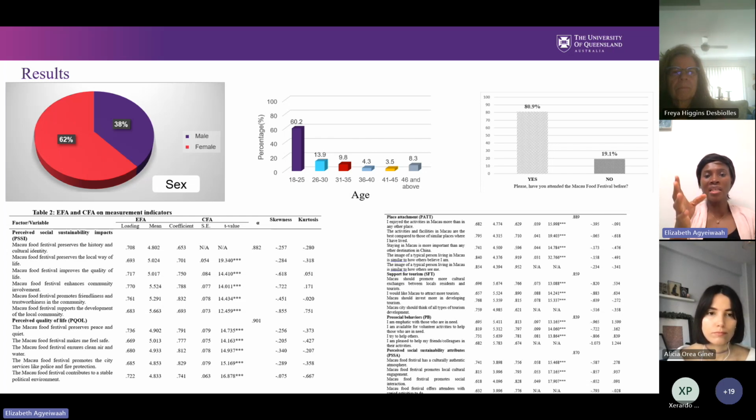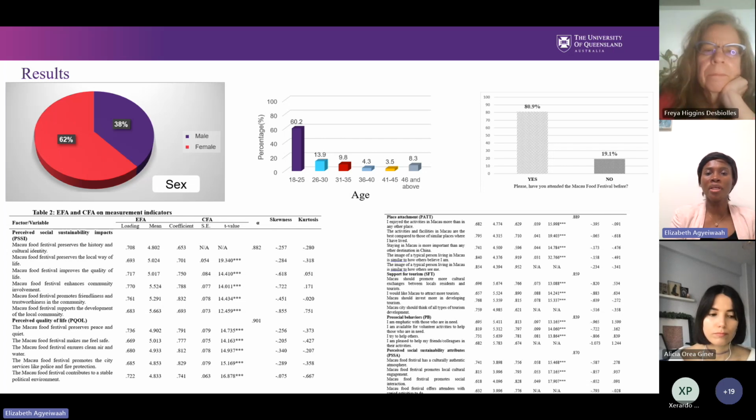But on the right-hand side are those who have attended the events and those who have not attended the event. So the predominant residents that we surveyed have attended the events, and very few had not attended the event, because it's so popular that residents are always drawn to go and see it themselves.